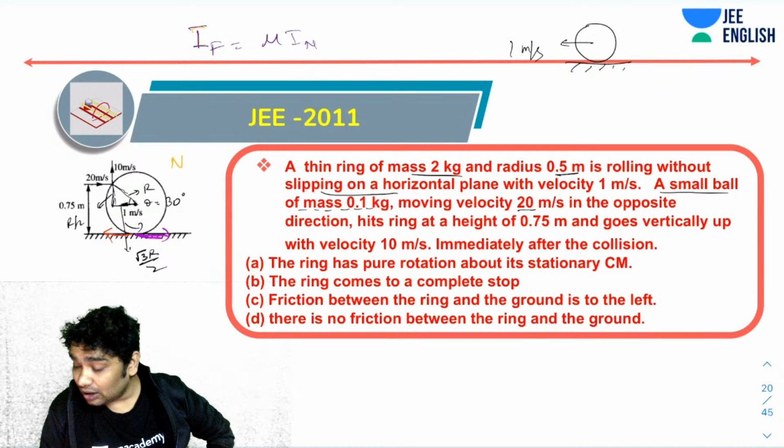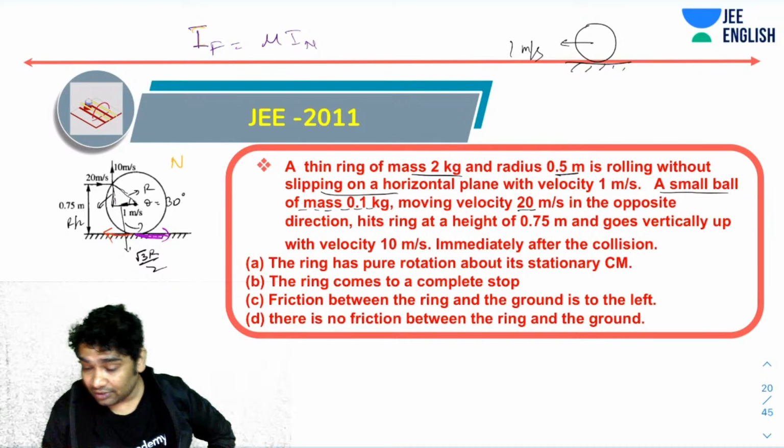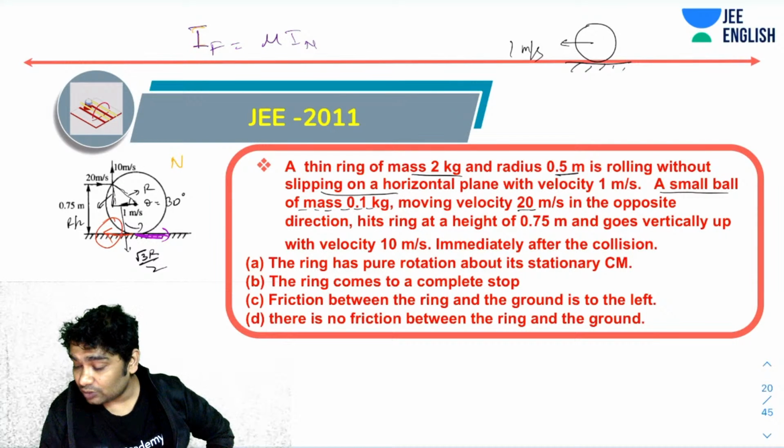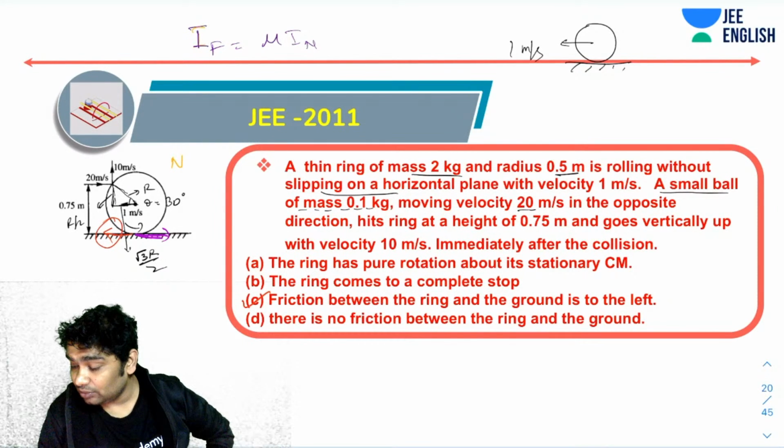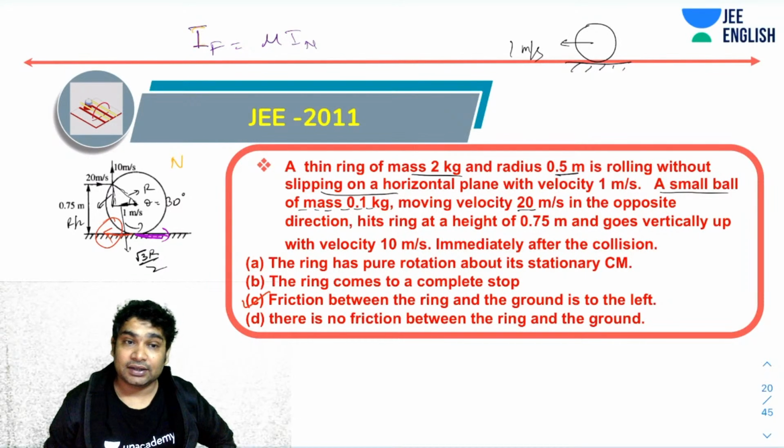Now the pure ring has pure rotation about the CM. So that I can't really say, because now I'll have to take the impulse due to friction also. So I think I will have to mark C, because without knowing the coefficient of friction, I can't say the other things.